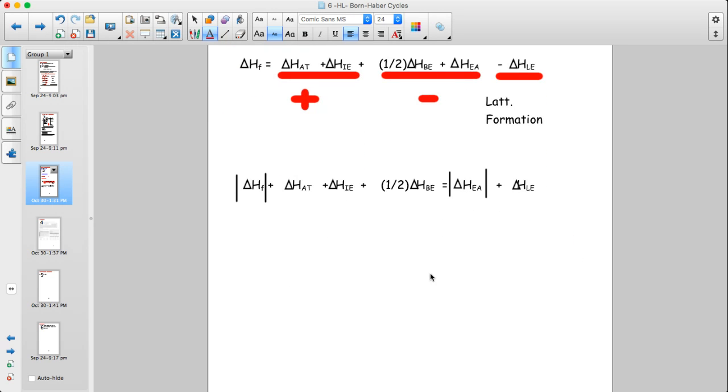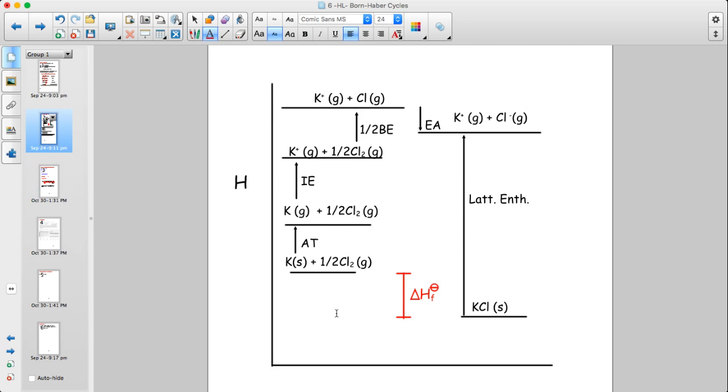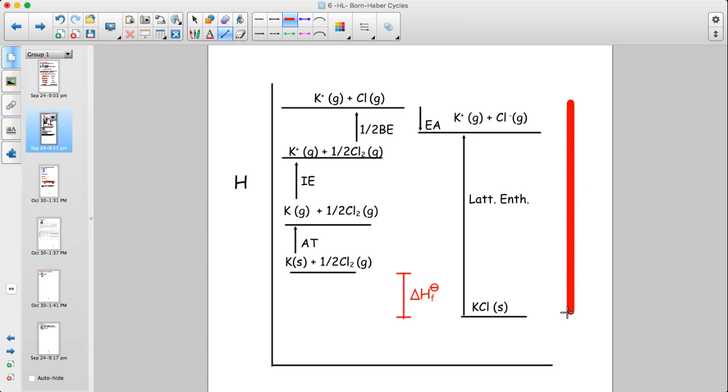Another way, if you are more of a visual person, you can look at all the way from the beginning, trying to think about setting the enthalpy changes equal to one another. So from the very bottom to the very top, there are two different ways you could add it up. You can either look at the lattice enthalpy and the electron affinity as one way to get from this very bottom line to this very top level.